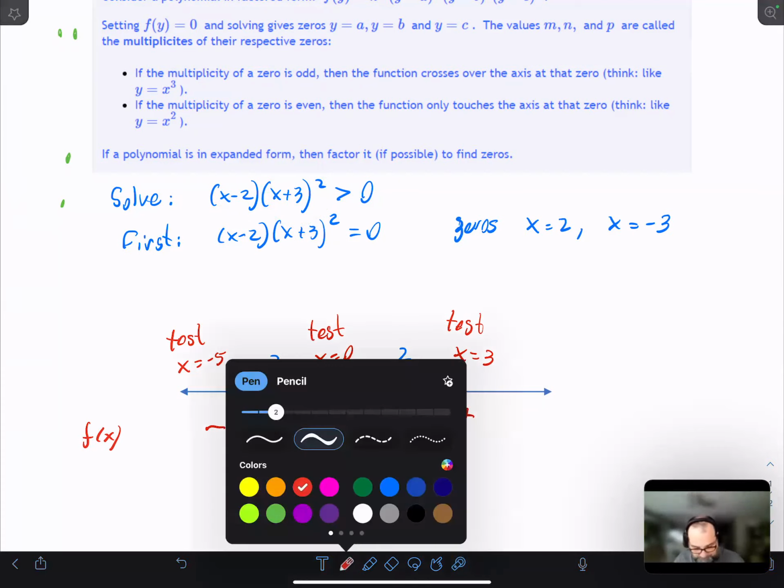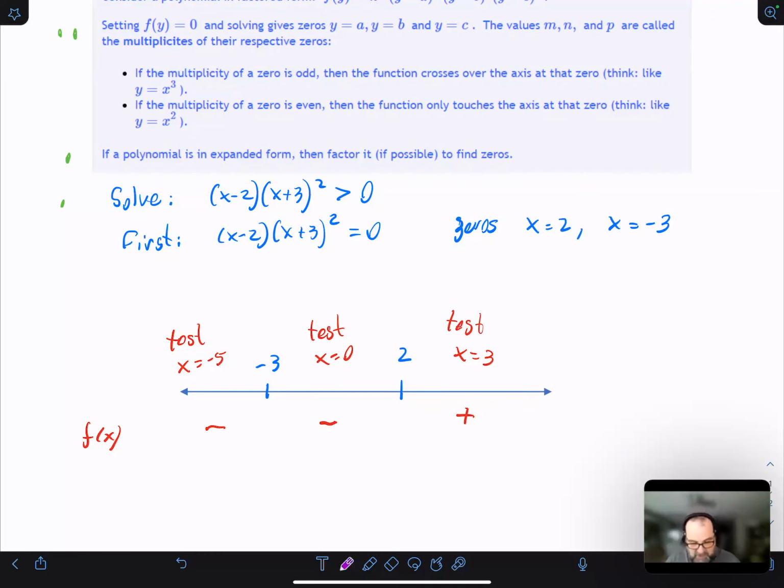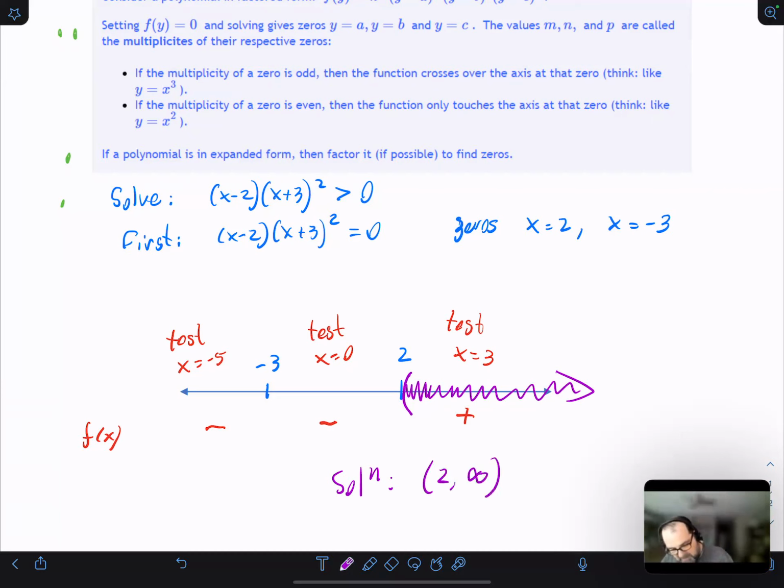Hence, the solution to where our polynomial is strictly greater than 0 is on this interval over here. I'm going to color this in purple. This is our solution. That can be translated into interval notation: the interval 2 to infinity.